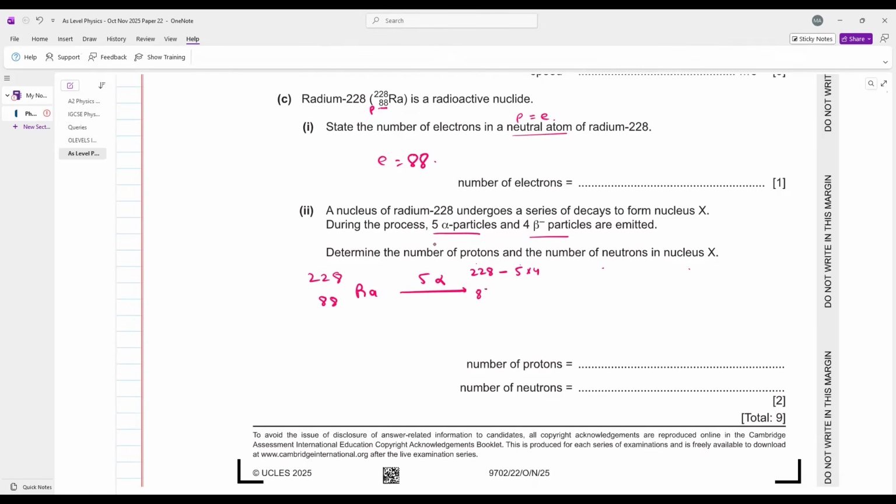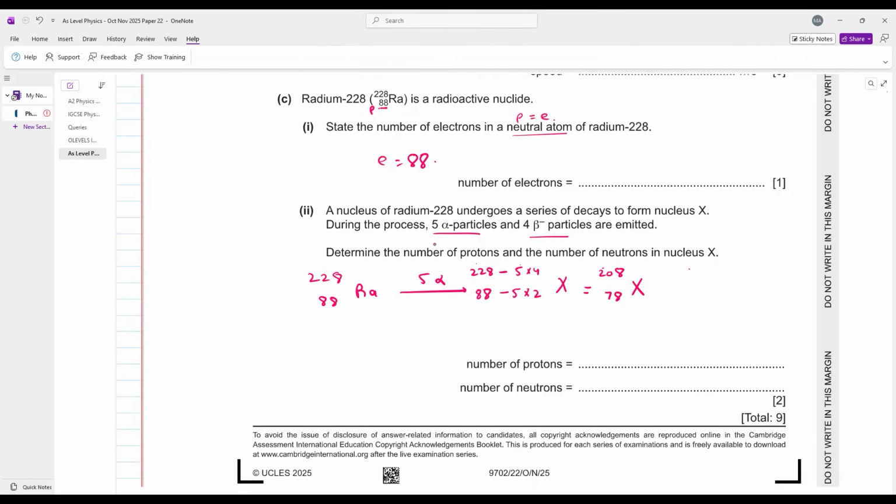By how much will your proton number decrease? If one alpha particle is emitted, your proton number decreases by 2. If 5 alpha particles are emitted, by how much will your proton number decrease? 5 into 2. What does this become? This will become 228 minus 20, 208 X and 78.